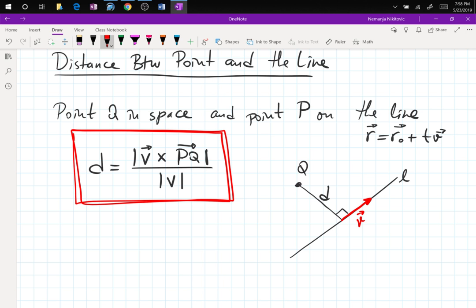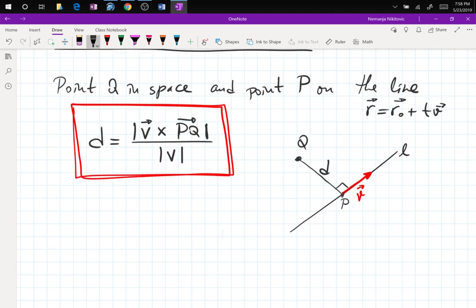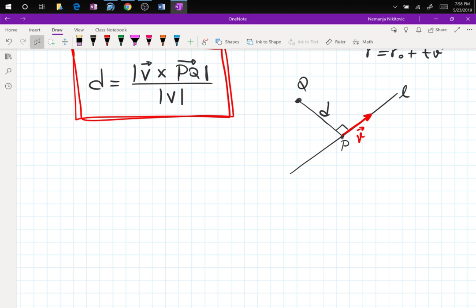So technically you are crossing the unit vector with PQ, with point P, to find the perpendicular distance. All right, so then obviously you just plug stuff in and you're done. It's not a big deal.